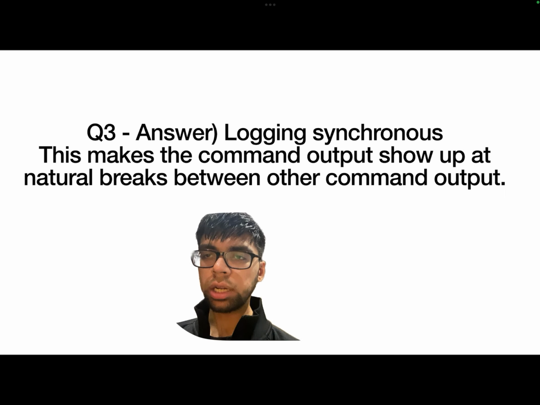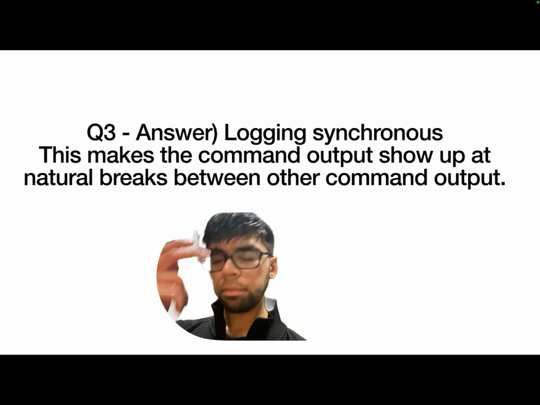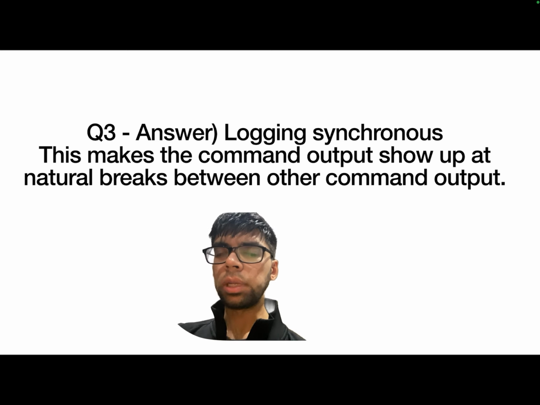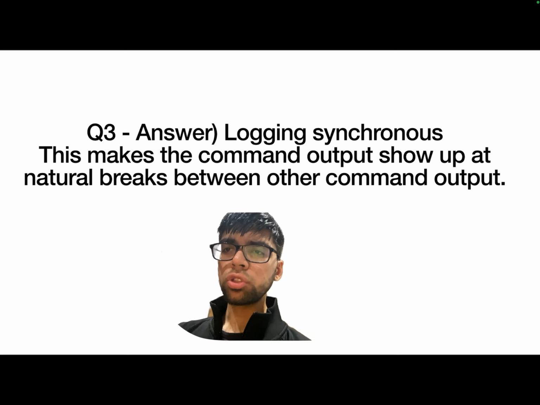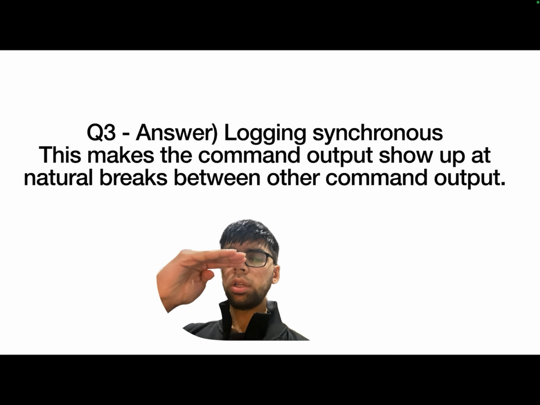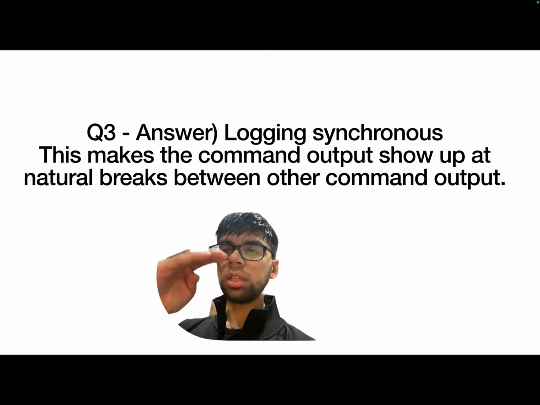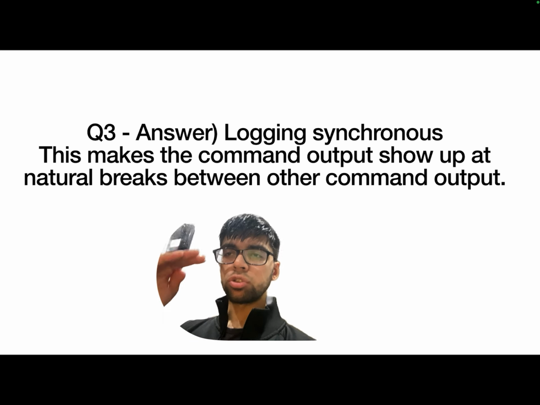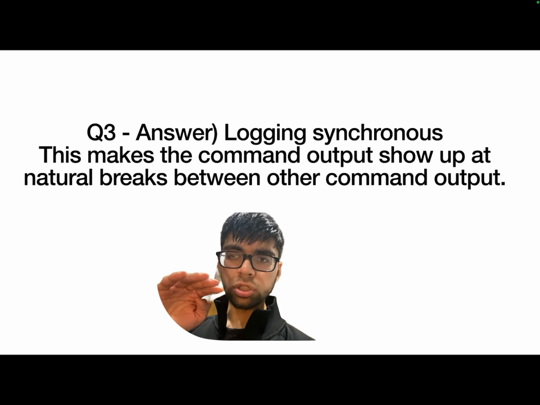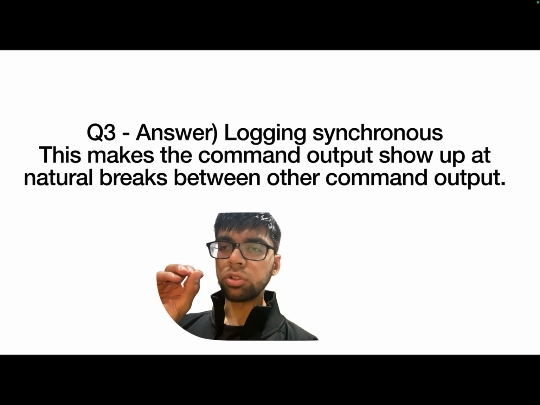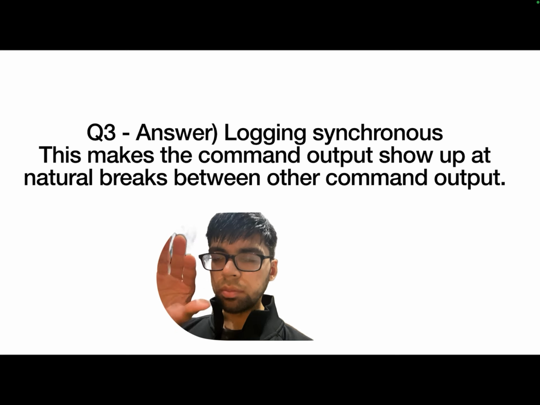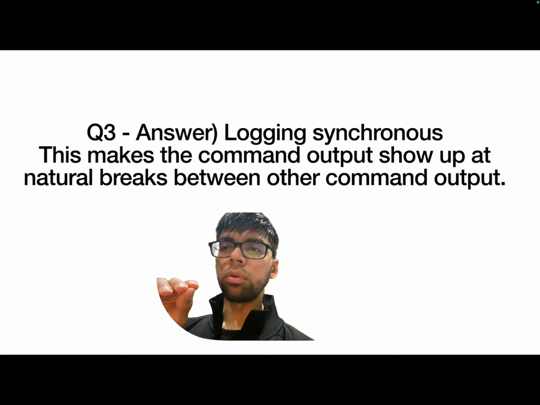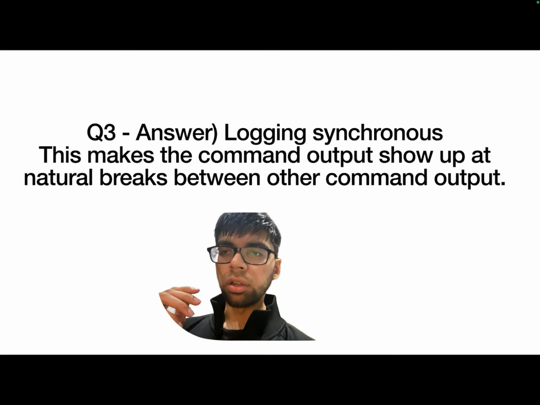So there's a command, logging synchronous, all lowercase, sorry, that should all be lowercase. That command is used to ensure that log messages don't break up our command output so that it's not even in a readable format anymore.